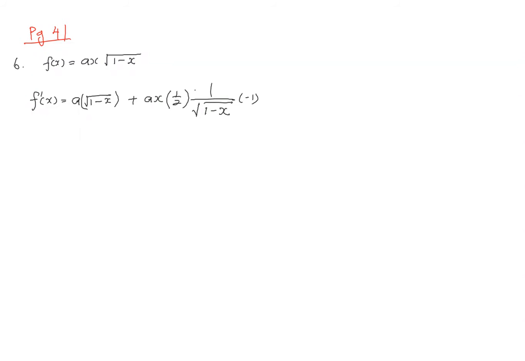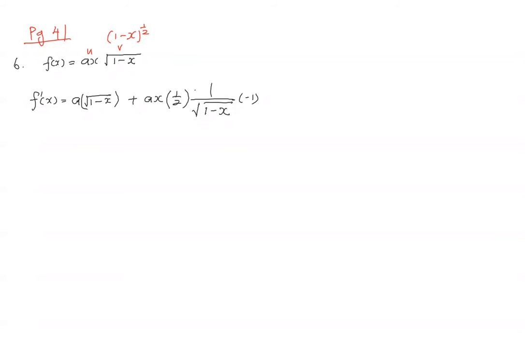Do you know how to get the answer? This is your u, this is your v. So this is 1 minus x to the power half. So how to do it like that? Got it? So now it's your job.